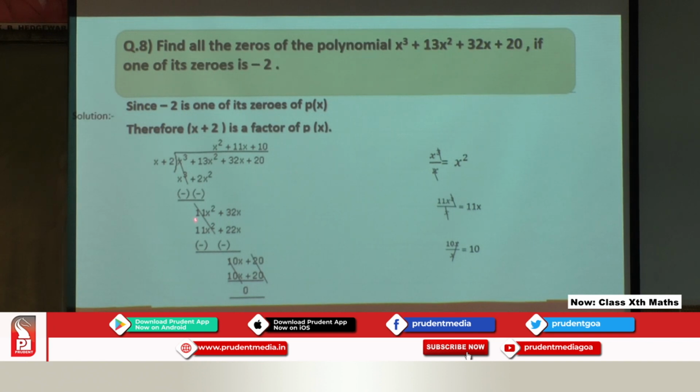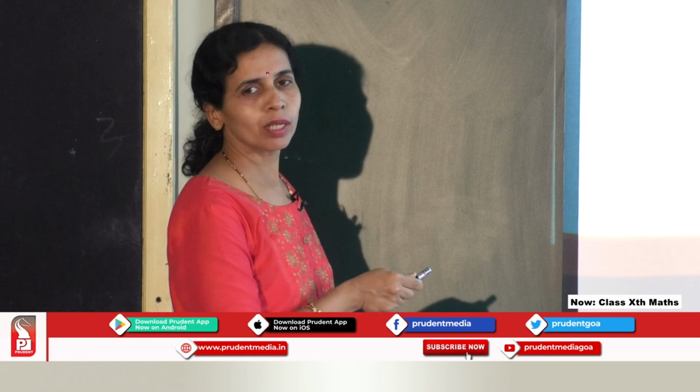Now again the first term of the dividend is 11x square and the first term of the divisor is x. The next step, we should divide the first term of the dividend by the first term of the divisor. After cancellation we got 11x. So this 11x is the second term of the quotient.